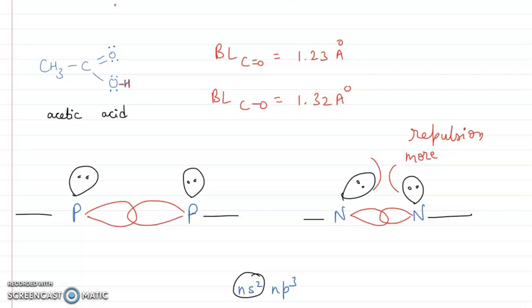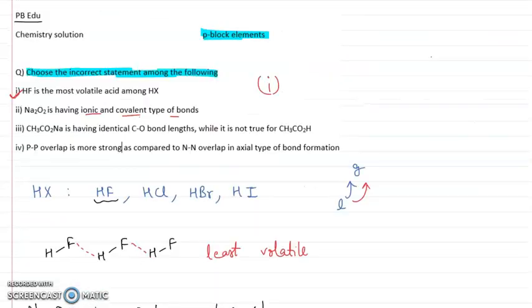And it is less or no repulsion in case of phosphorus because the bond length is longer. So no repulsion between the lone pairs, therefore it is stable, while not in case of NN axial bond. So here PP overlap is more stronger, it is correct, than nitrogen-nitrogen overlap. Therefore this statement is correct. The incorrect statement was given in option first, therefore option first is correct.